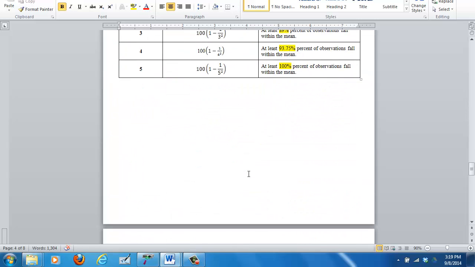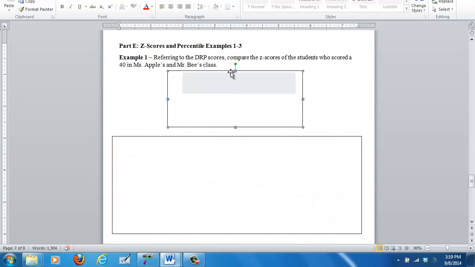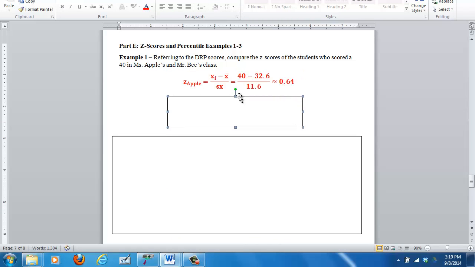So coming down here, if I look at that in Mrs. Apple's class, I'm really finding the difference between the score 40 and the mean and dividing it by the standard deviation. So 40 minus 32.6 divided by 11.6 is 0.64. So in Miss Apple's class, a score of 40 is 0.64 standard deviations above the mean because it's positive.